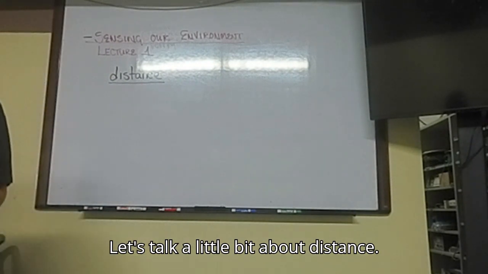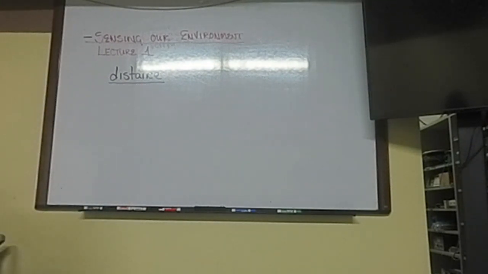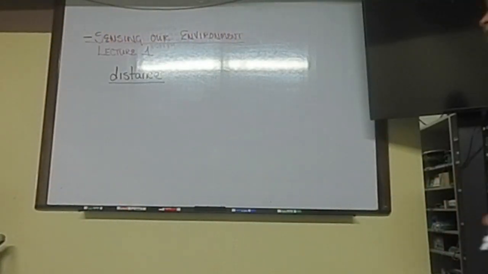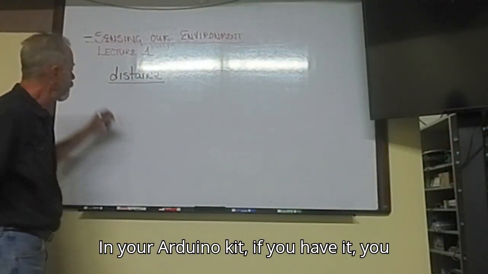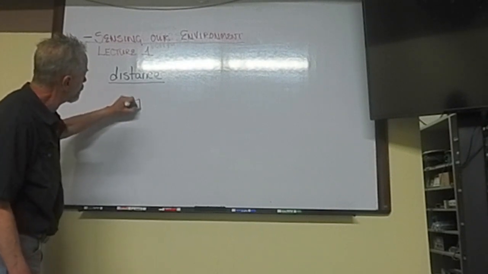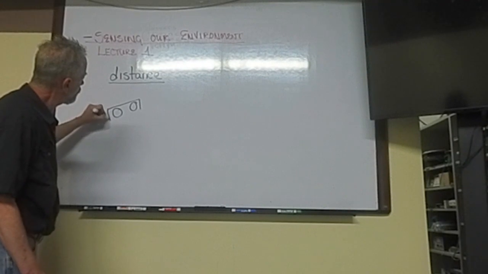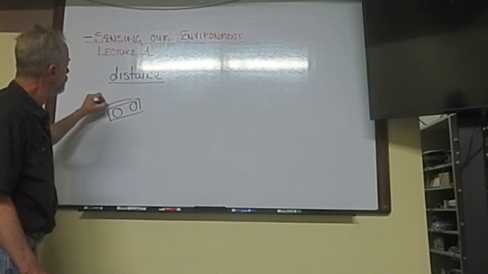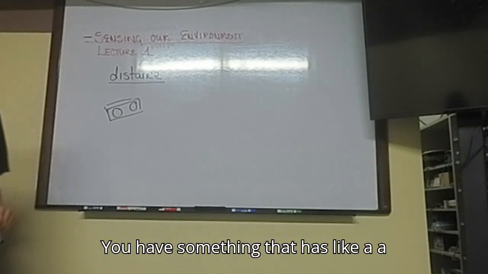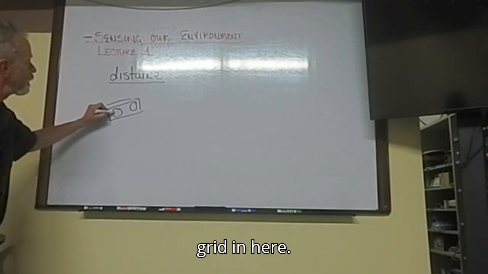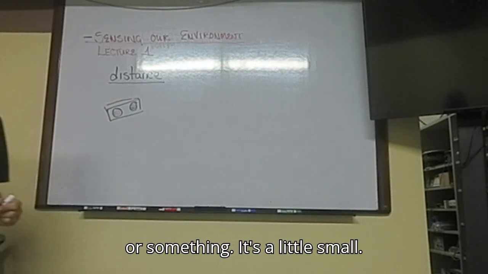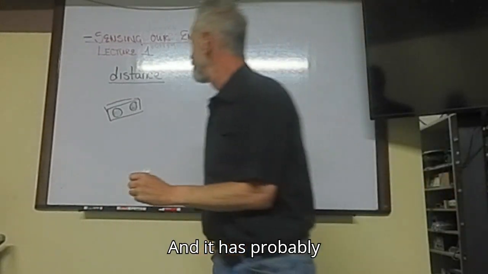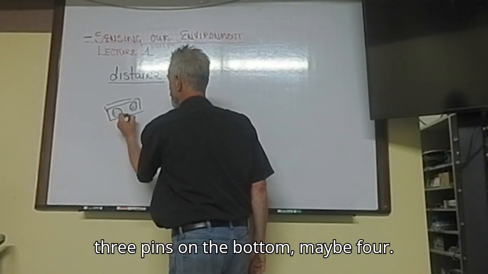Let's talk a little bit about distance. In your Arduino kit, if you have it, you have something that looks like this. You have something that has like a grid in here. It kind of almost looks like an old boom box or something. It's a little small, and it has probably 3 pins on the bottom, maybe 4.